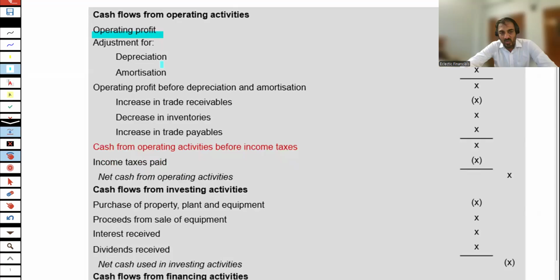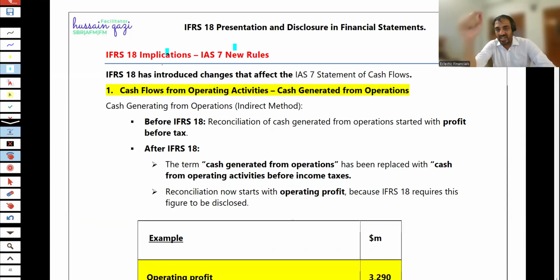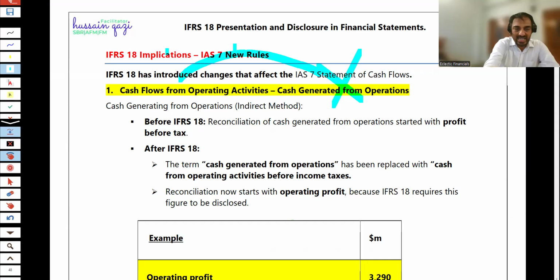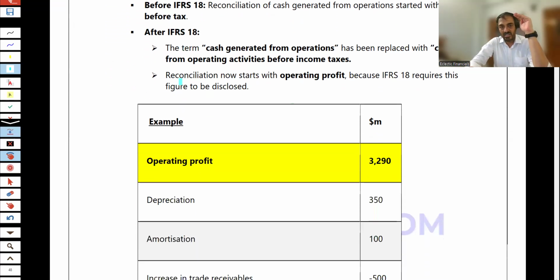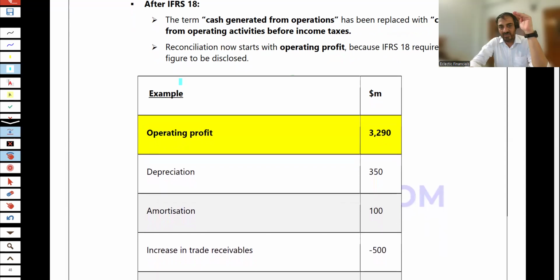And there was a term used, you remember, cash generated from operations. Now the term cash generated from operations is replaced by cash flow from operating activities. So in the indirect method, make a heading cash flow from operating activities, and always start with the operating profit.